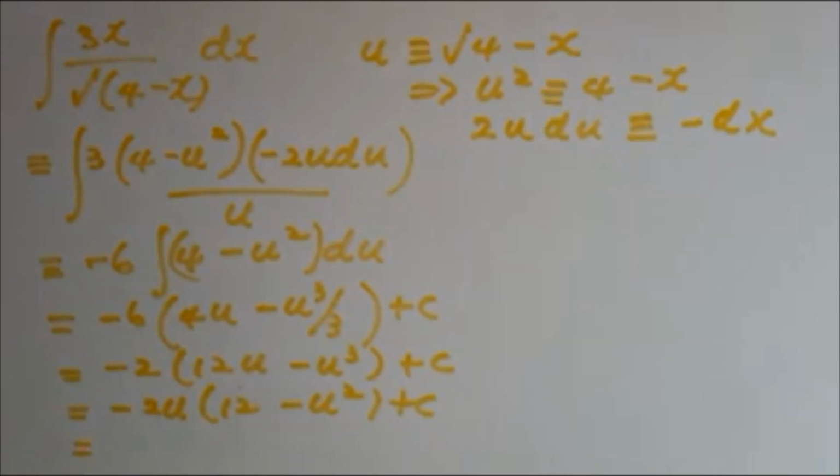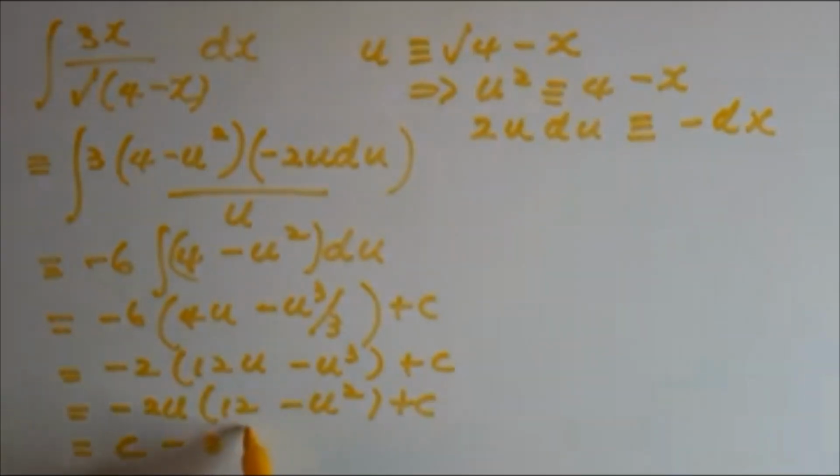And finally, we can write that our integral 3x over root 4 minus x dx is equivalent to, we bring the c in front. It's just conventional to write positive values at the beginning of your result.